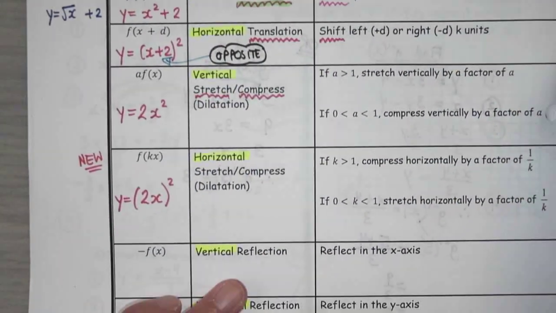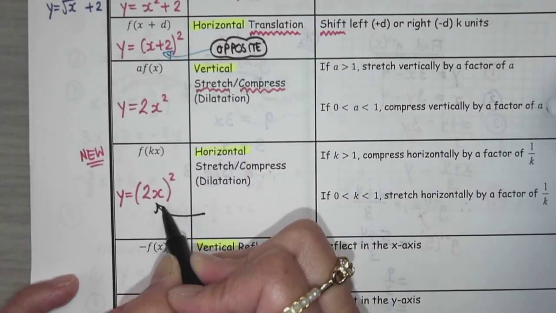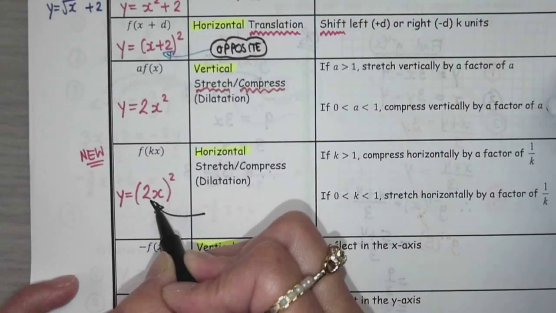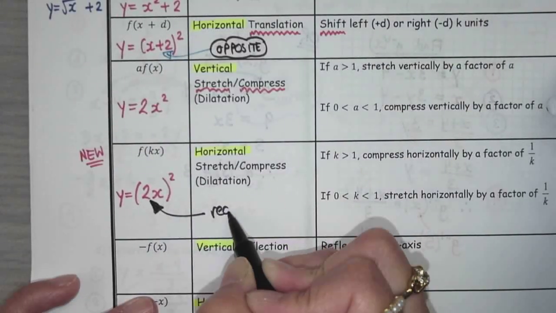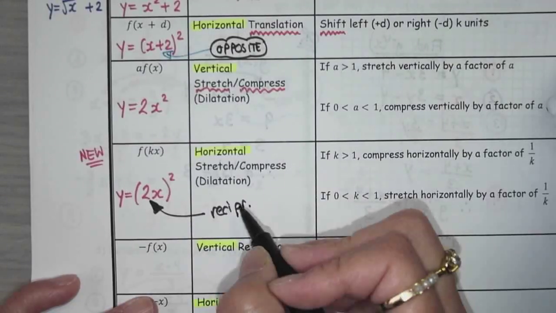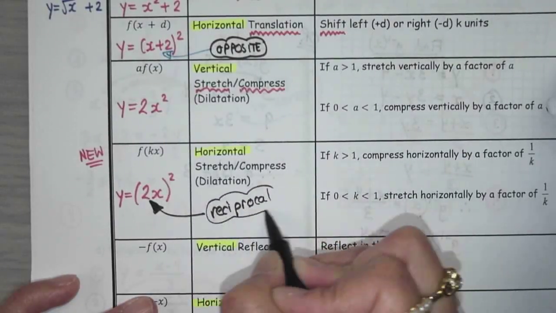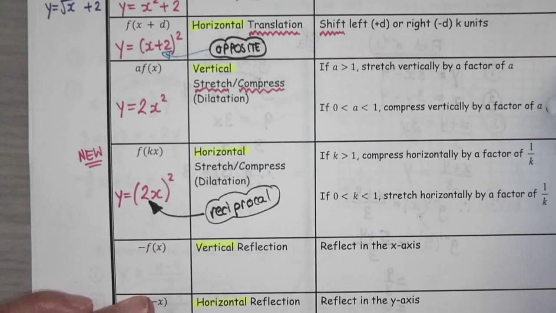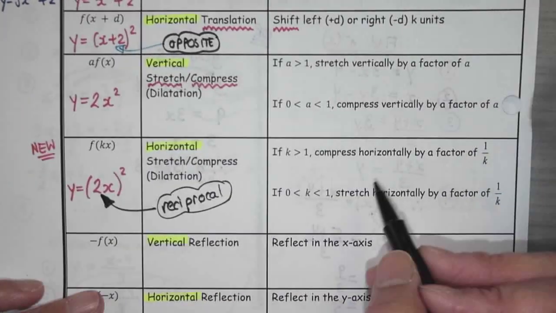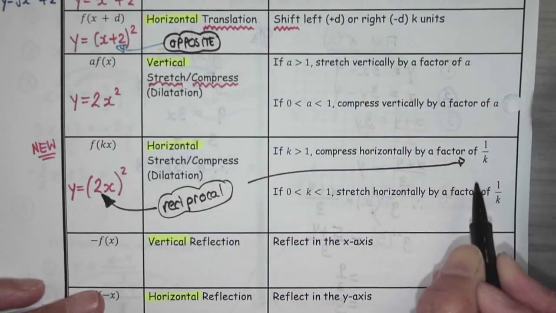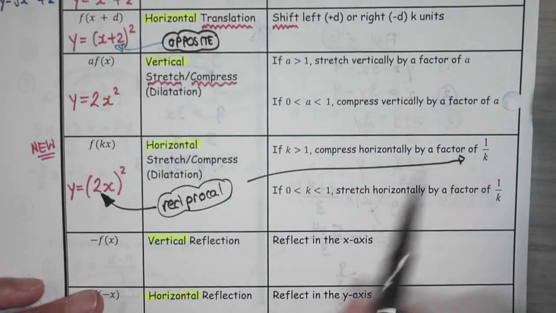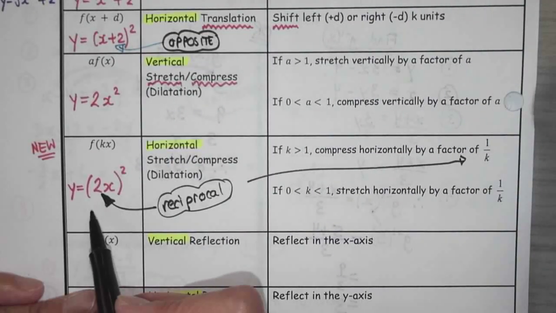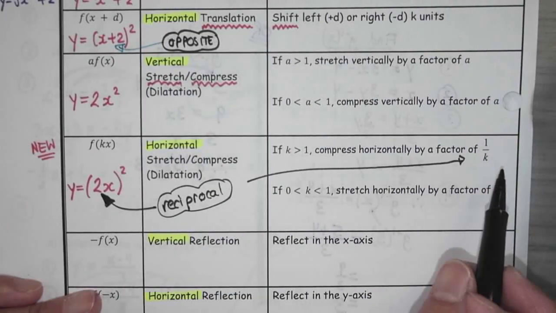Now here, for the 2 there, reciprocal. It's multiplication, so we're doing the reciprocal. You can't do opposite of multiplication. It's divide, so it is opposite, right? So instead of times 2, it's the reciprocal. So it's not a stretch of 2, it's actually compression by 1/2.